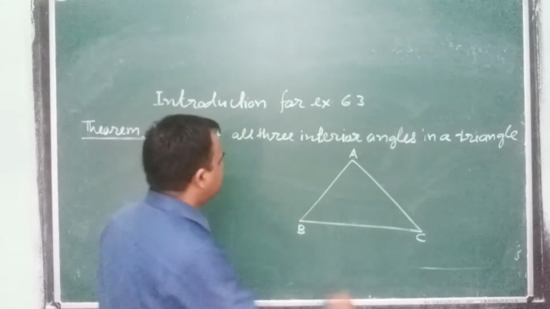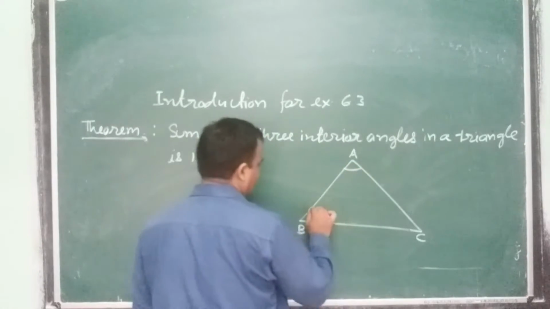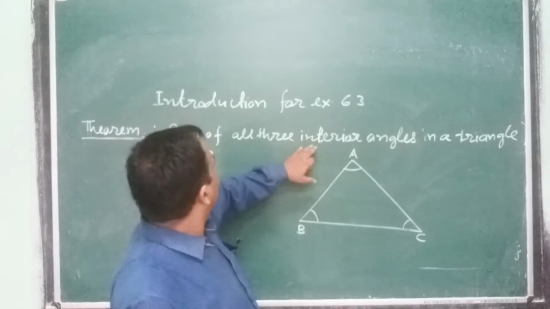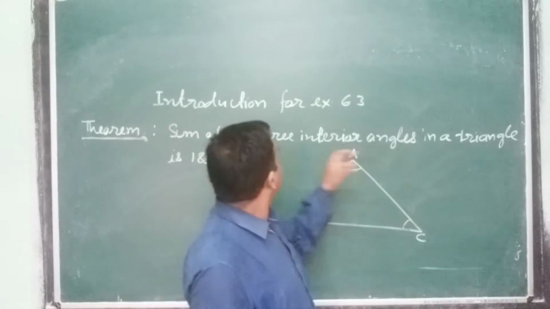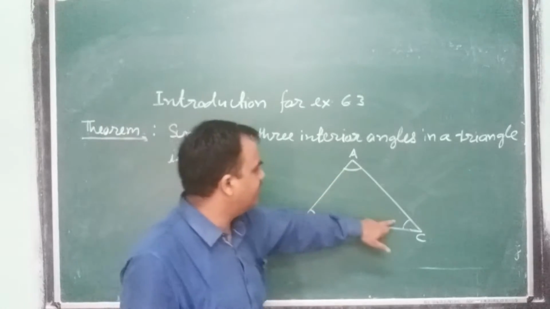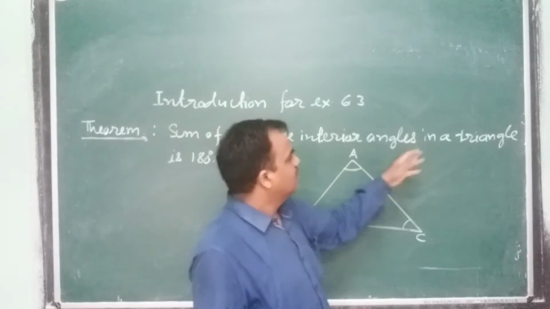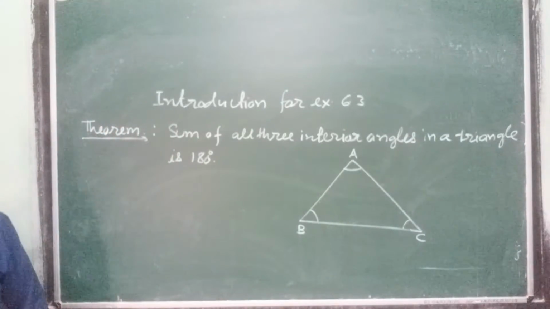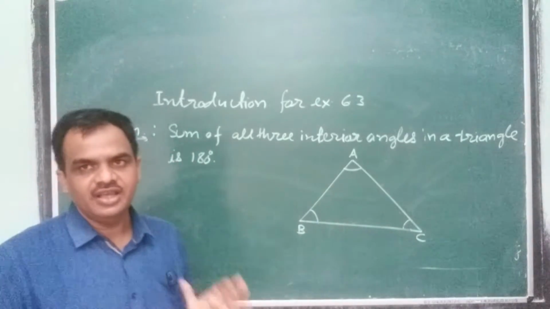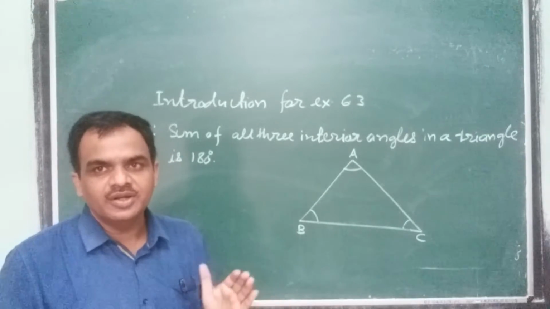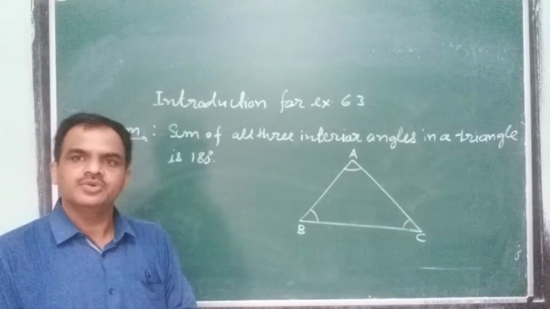Now the three interior angles are angle A, angle B and angle C. What we need to prove here is the sum of all three interior angles A, B, C in a triangle is 180 degrees. Then we have to prove that the sum of these three angles, that is A plus B plus C, equals 180 degrees.